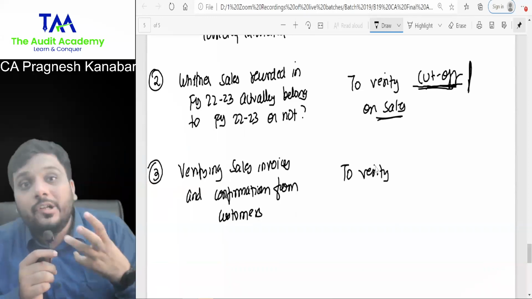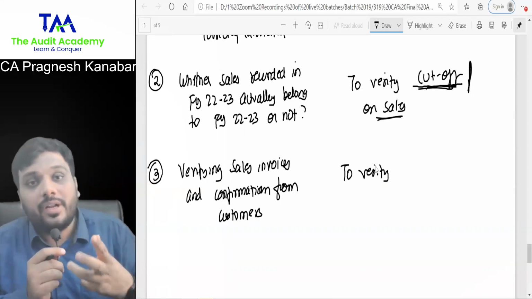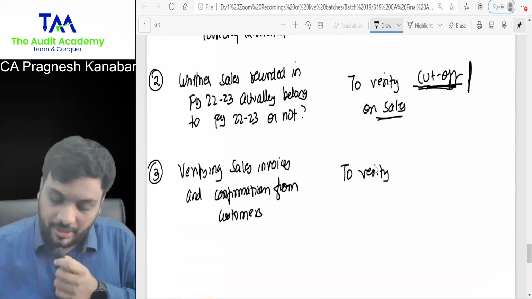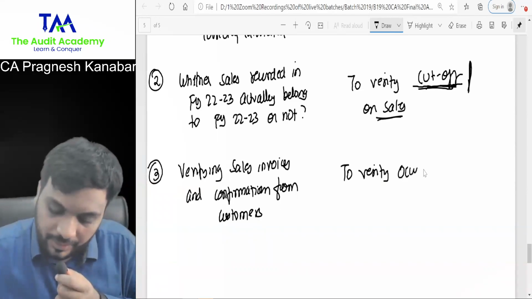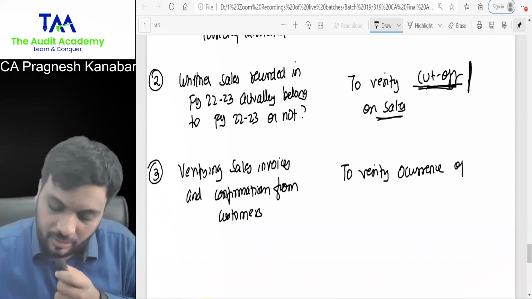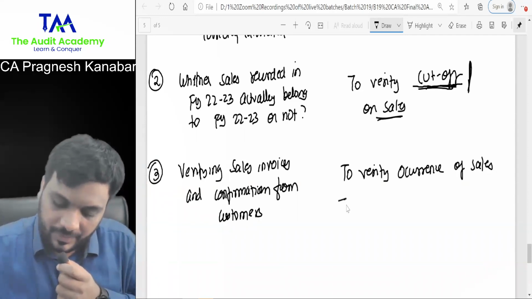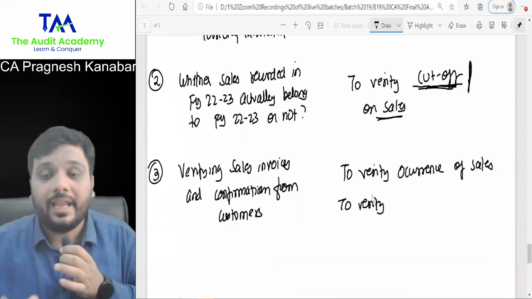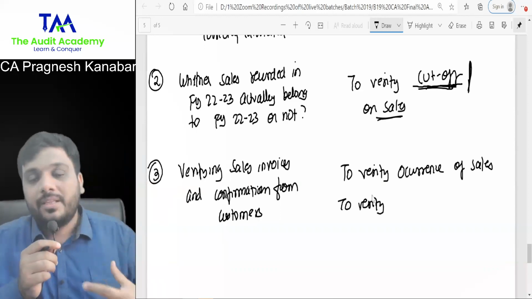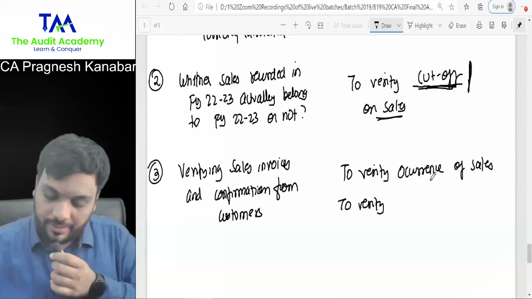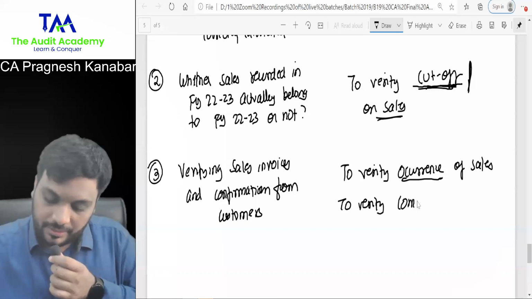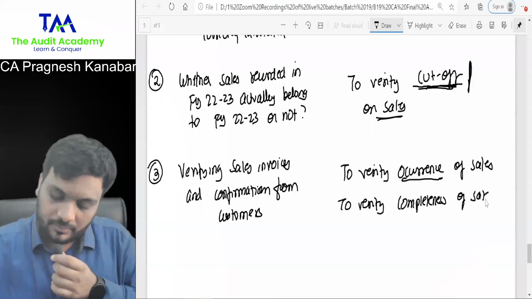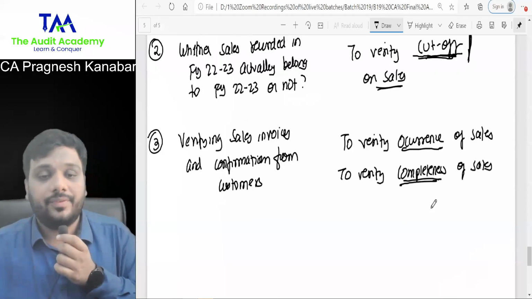That is why you verify documents. That is why you try to have a conversation. So I'm trying to verify two things over here. One is the occurrence of sales. And when I take confirmation and realize that some sales have not been recorded, then I can also understand the completeness of sales. Correct.